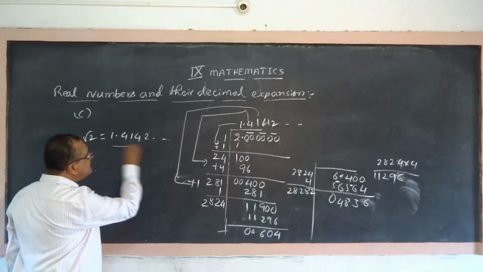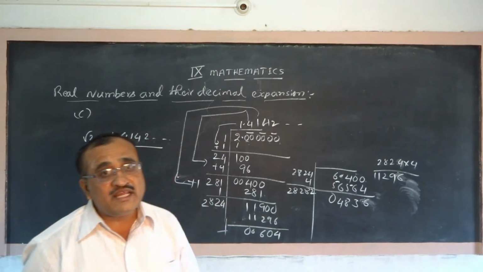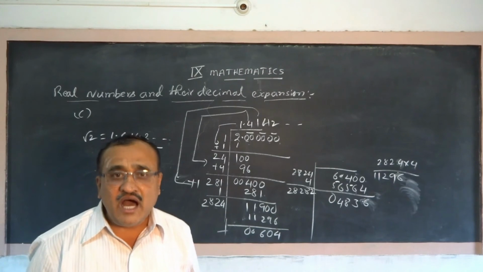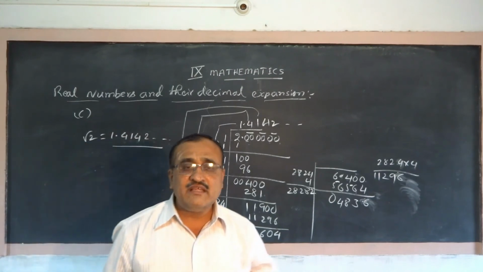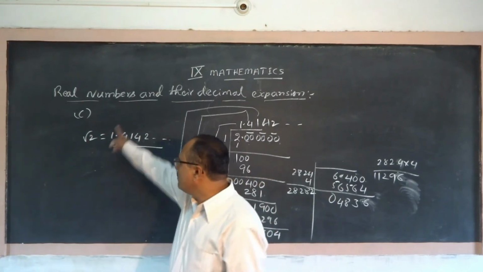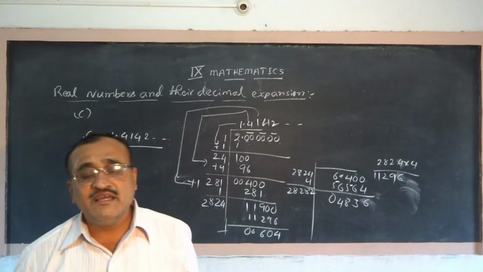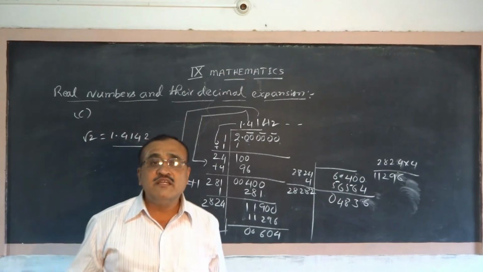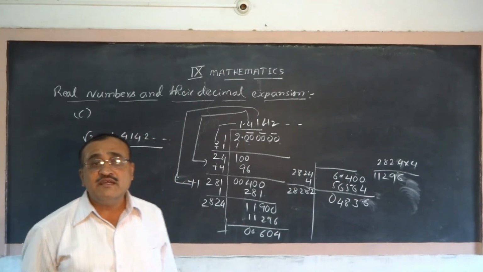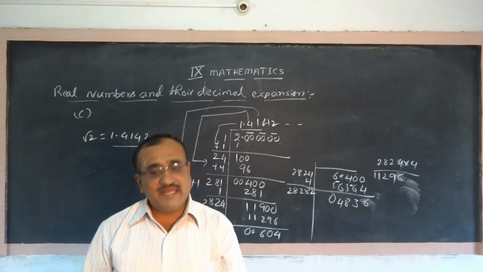This type of decimal expansion we call irrational numbers: neither terminating nor recurring. So the third case is that which neither repeats nor recurs. They are called irrational numbers. Now irrational numbers are also real numbers.